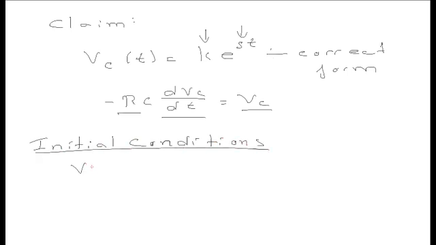We know that Vc of 0 is V0. The capacitor was initially charged. If that's true, then V0 is also k e to the s times 0. But e to the power of 0 is 1. So V0 is k. That's fairly handy. Now what about s?